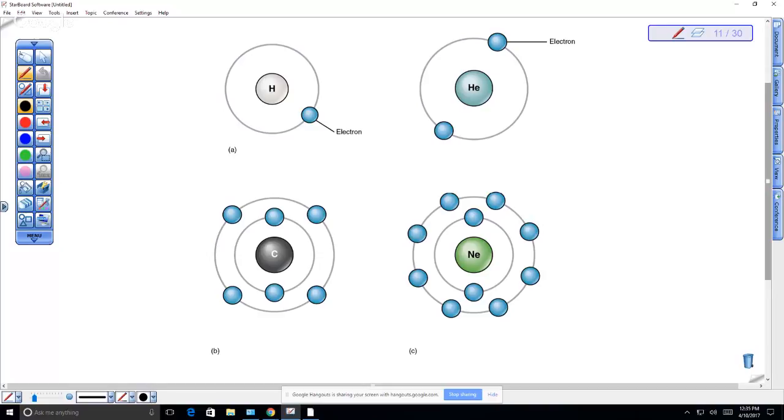What's Ne? What lights up our signs? Neon, right? So this has 1, 2, 3, 4, 5, 6, 7, 8. So it would be inert. It is not reactive. So we don't see neon as an element in our organic molecules.